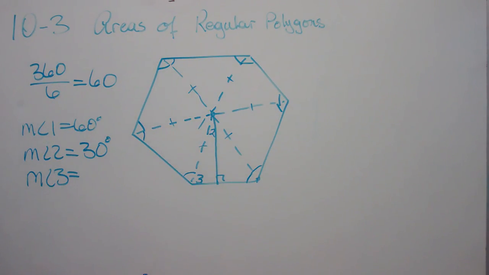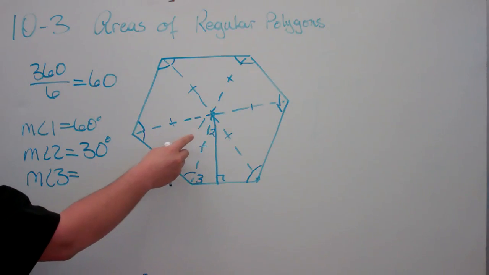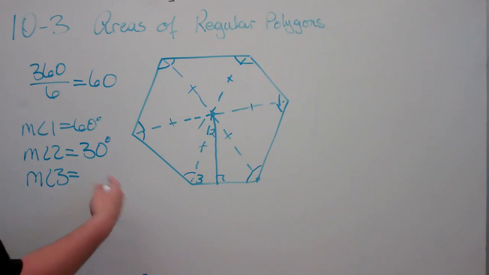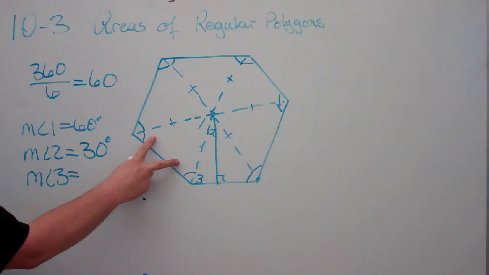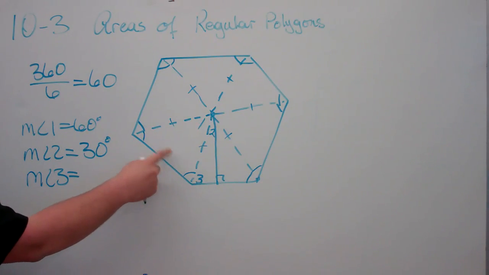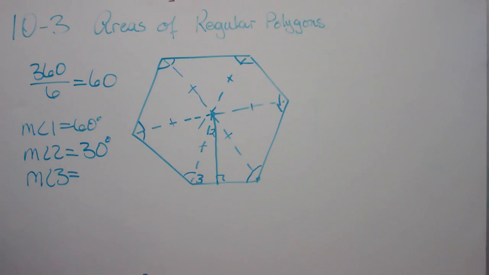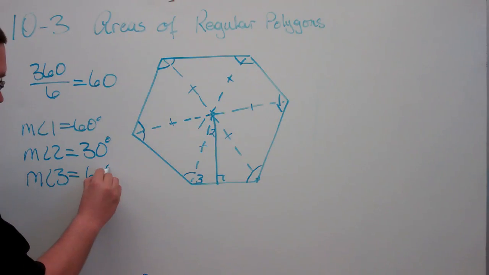You could use your formula for the interior angle of a regular polygon. Or since you already know this is 60, take 180 minus 60. That's 120. Both of these have to be the same, so take that 120 and divide it by 2. 120 divided by 2 is 60 degrees again.